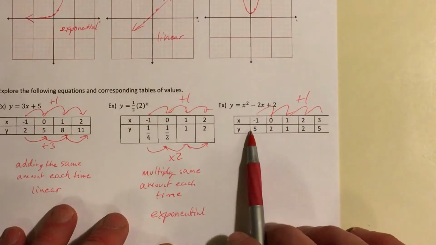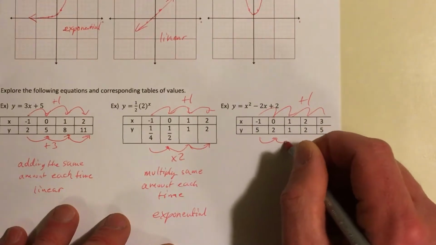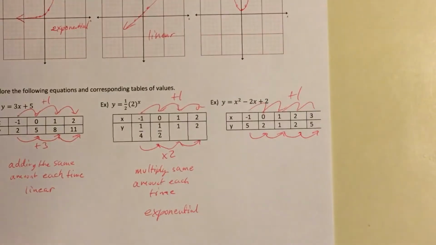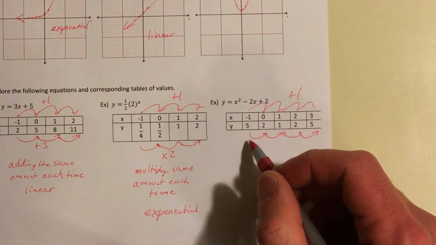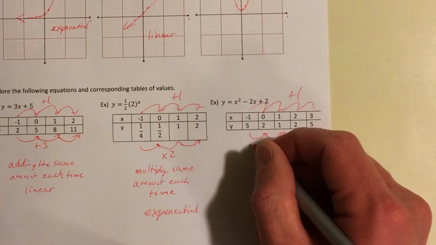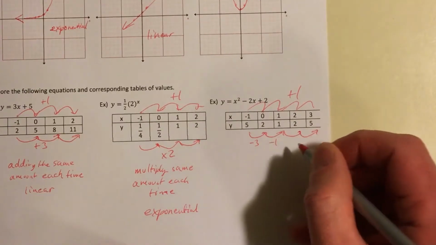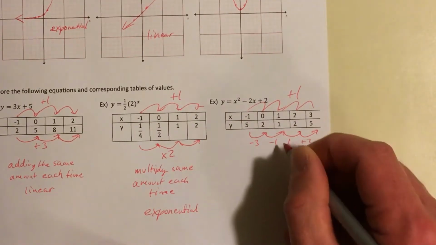Well, it turns out that for quadratic functions, if you look at their first pattern as far as their differences, or what they're adding or subtracting each time, it goes -3, -1, 1, and then +3.